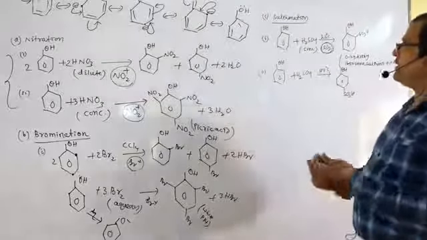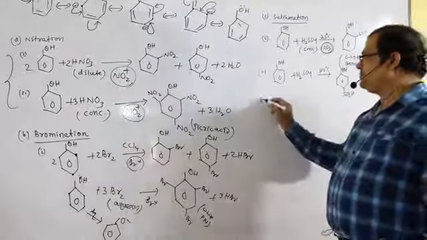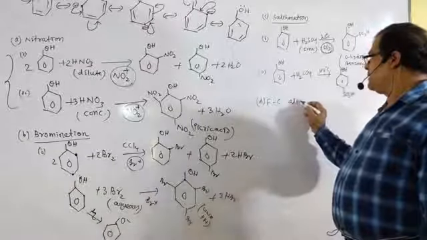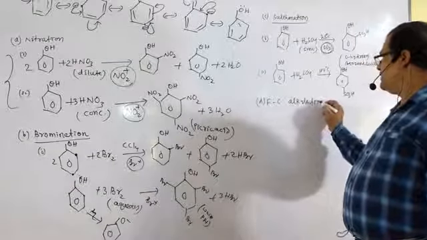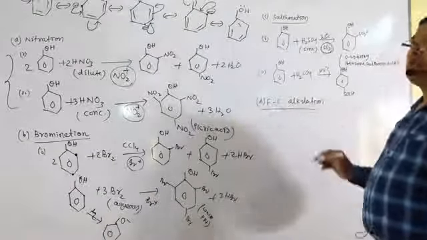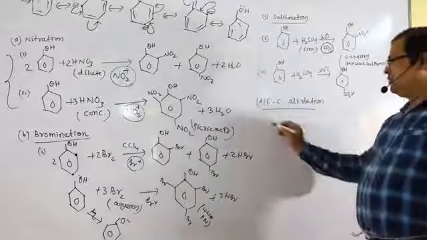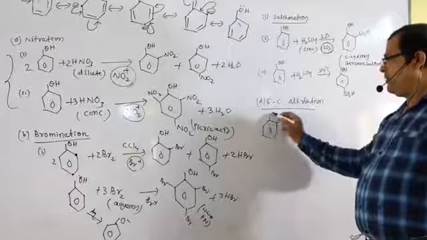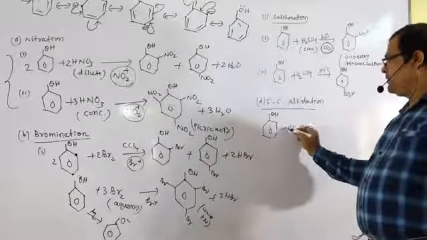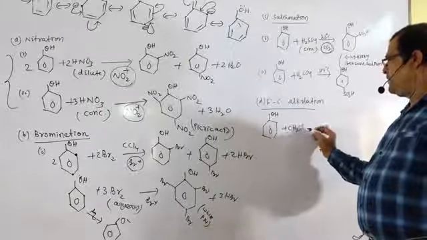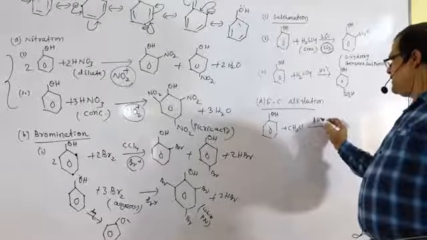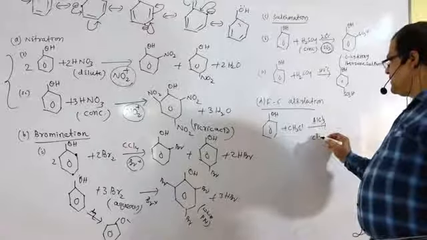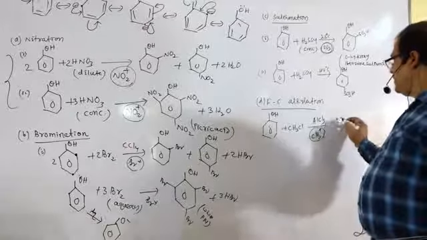Next, we will discuss Friedel-Crafts alkylation. In the Friedel-Crafts alkylation reaction, phenol is treated with methyl chloride in presence of AlCl3. In this case, CH3 plus will act as the electrophile.